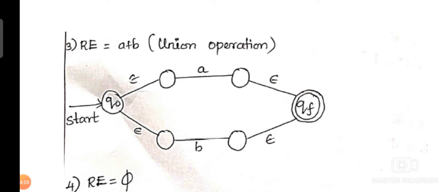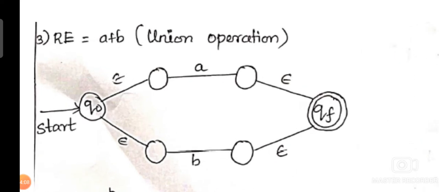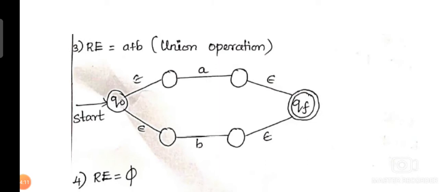So in this diagram we have to put the edges for the symbol A in one path, and B in another path, but in between the states we have to put the epsilon symbol on alternate edges. So this is the basic fixed structure for A plus B.